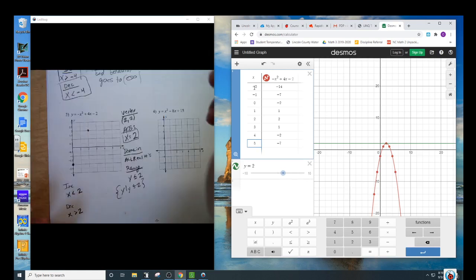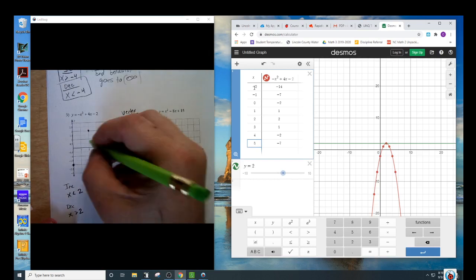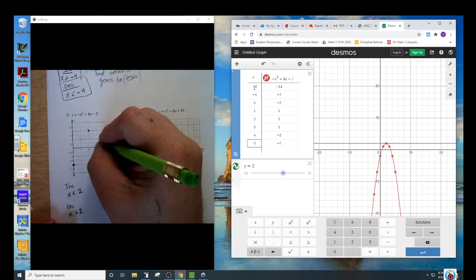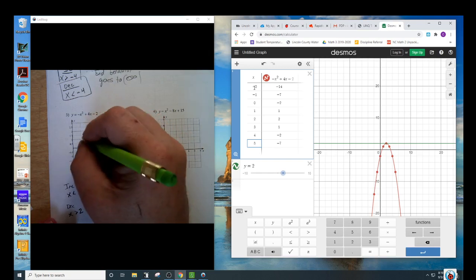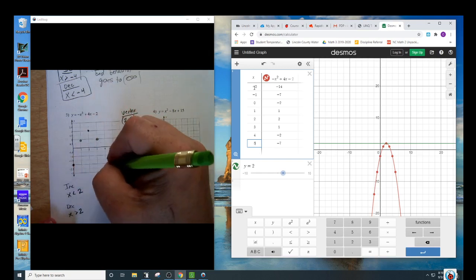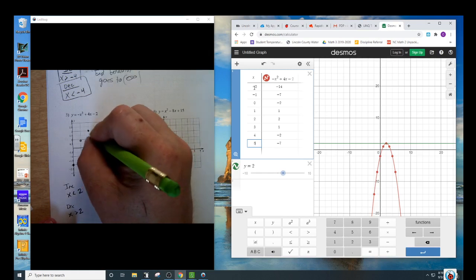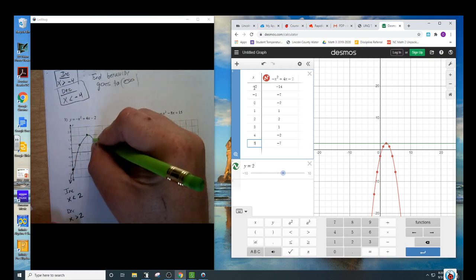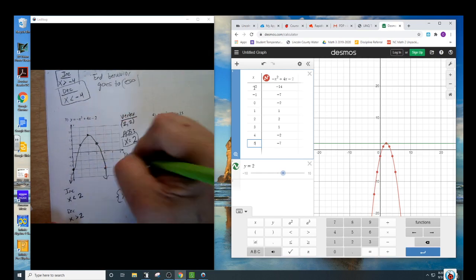So our vertex is 2, 2. When x is 3, y is 1. When x is 1, y is 1. When x is 4, it's negative 2. So there is my vertex. Guys, I did a table on Desmos. There's my graph.